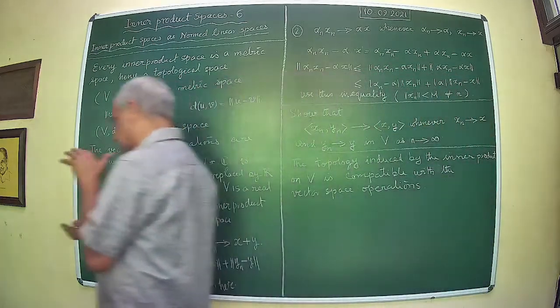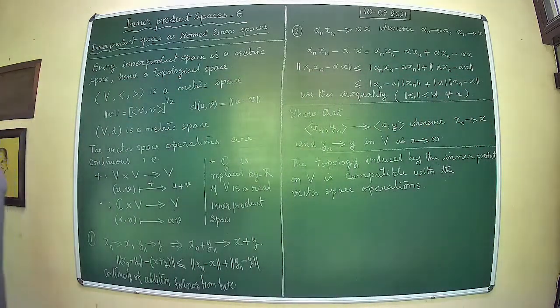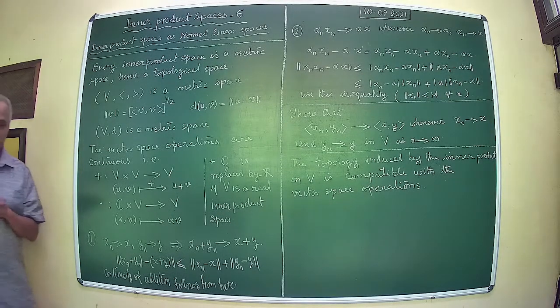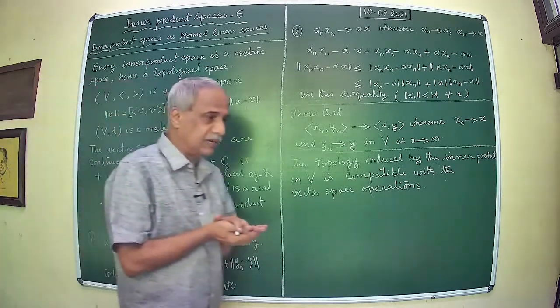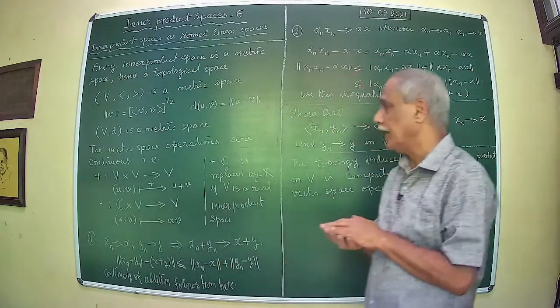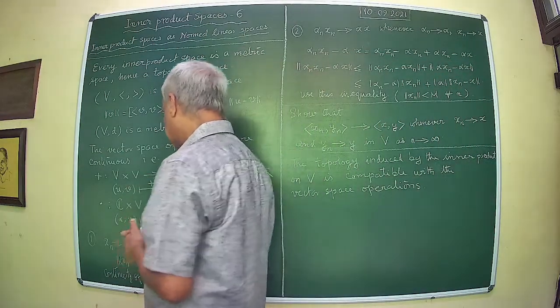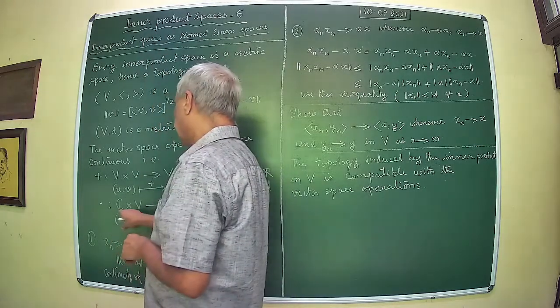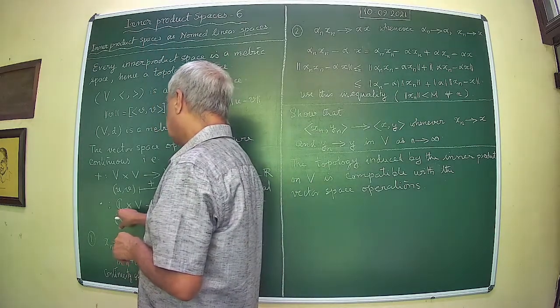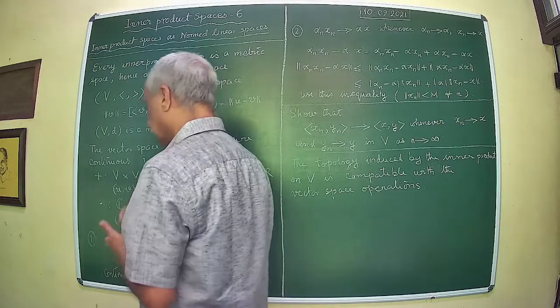So if V is a topological space, V cross V is a topological space. Therefore, addition can be looked upon as a map from V cross V to V, and scalar multiplication can be looked upon as a map from C cross V to V.